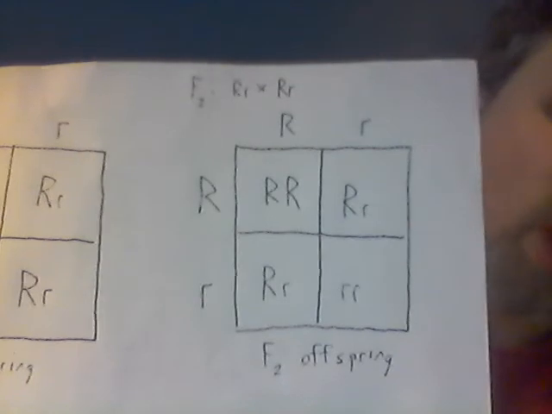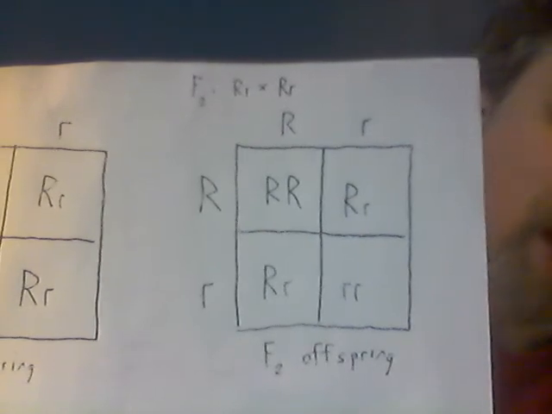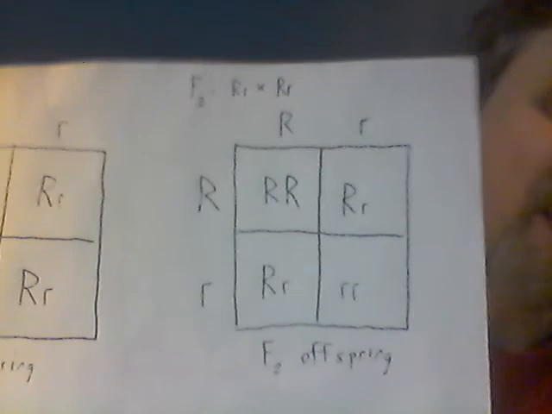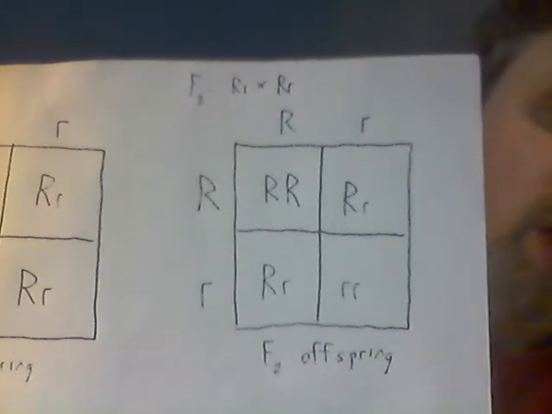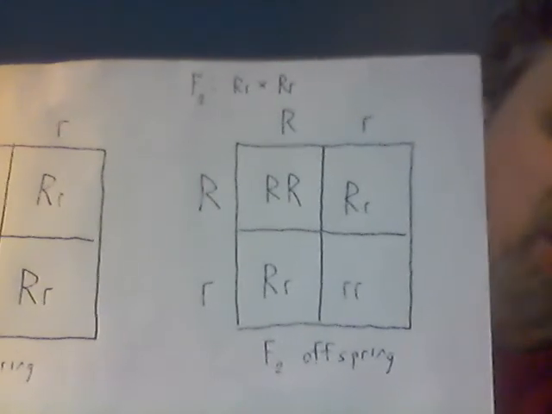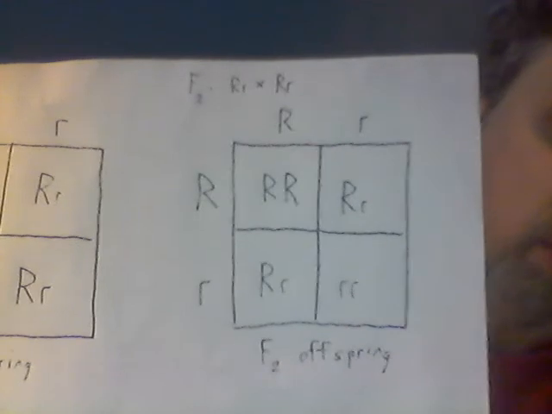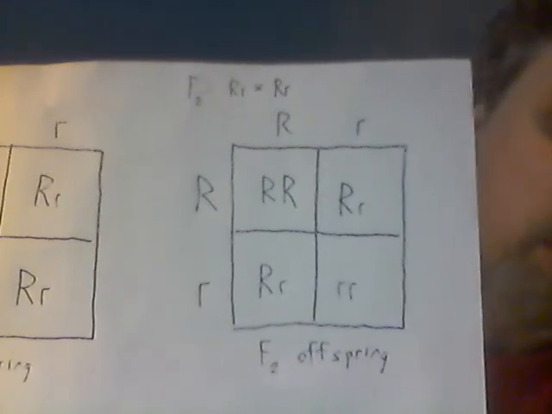But that 3 to 1 phenotypic ratio conceals a more complex genotypic ratio. My genotypic ratio for this generation is 1 to 2 to 1. That is 1 homozygous dominant plant, 2 heterozygous plants, and 1 homozygous recessive plant.